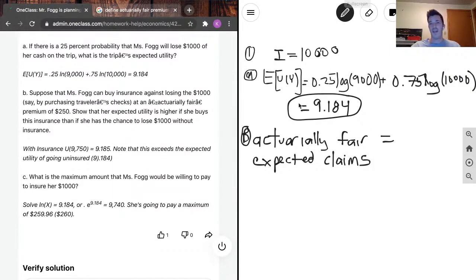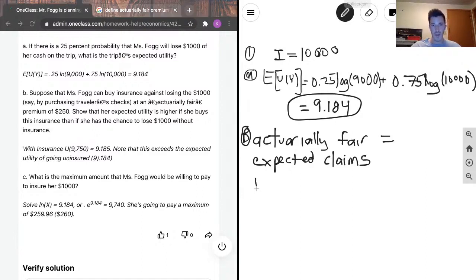So essentially, instead of having these 2 cases, there's the 25% chance that he has $9,000 for the trip and the 75% chance he has $10,000 for the trip. He's just going to pay $250, and then regardless of whether or not he loses the money, he'll have the same amount of money for the trip.